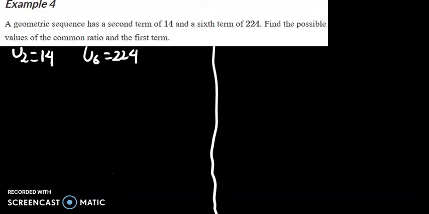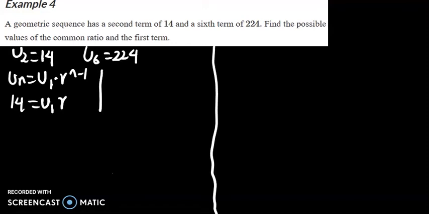This is exactly like what we did in the previous question. So un is equal to u1 times r to the power n minus 1. So u2, that's 14, is equal to u1 r, and u6 will be u1 times r to the power 5.